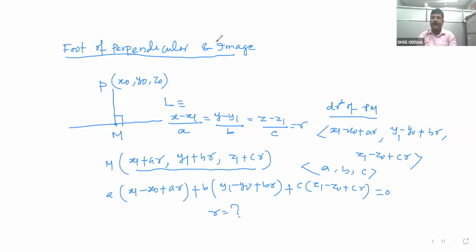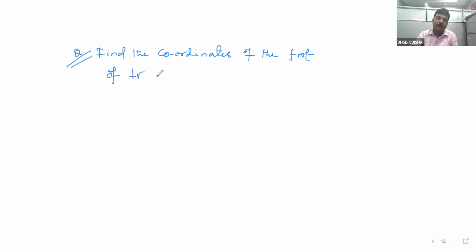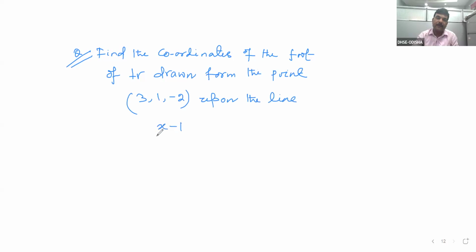Okay. So write down a question: find the coordinates of the foot of the perpendicular drawn from the point (3, 1, minus 2) upon the line (x minus 1) upon 2 is equal to (y plus 1) upon minus 1 is equal to (z plus 2) upon minus 3.